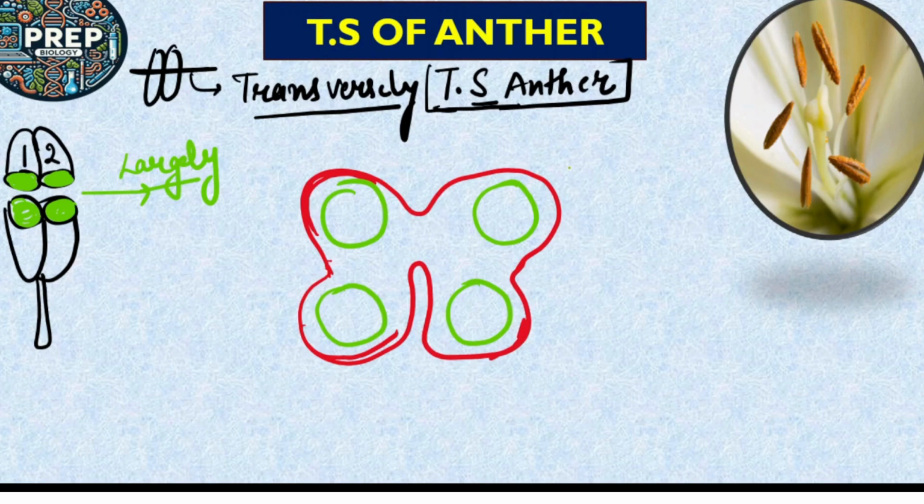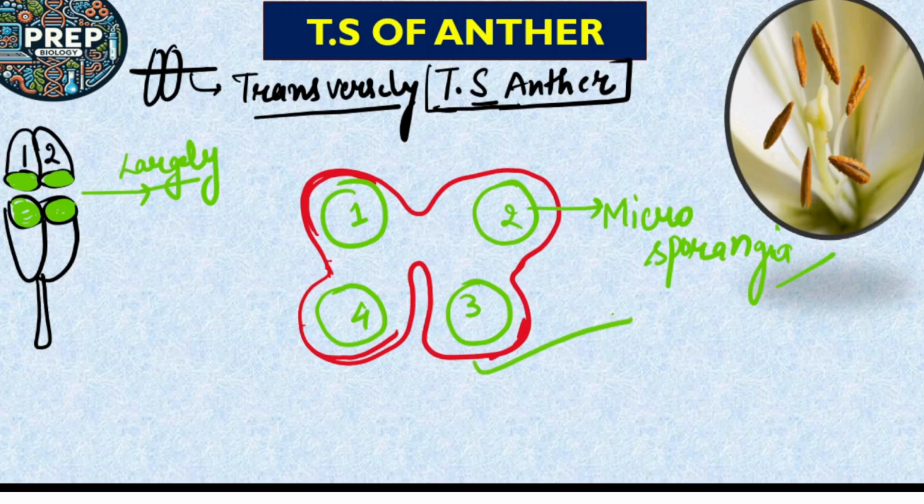Inside the anther we have microsporangia. How many microsporangia are there in one anther? There are a total of 4: 1, 2, 3 and 4 microsporangia in one anther. Is it clear to you all?